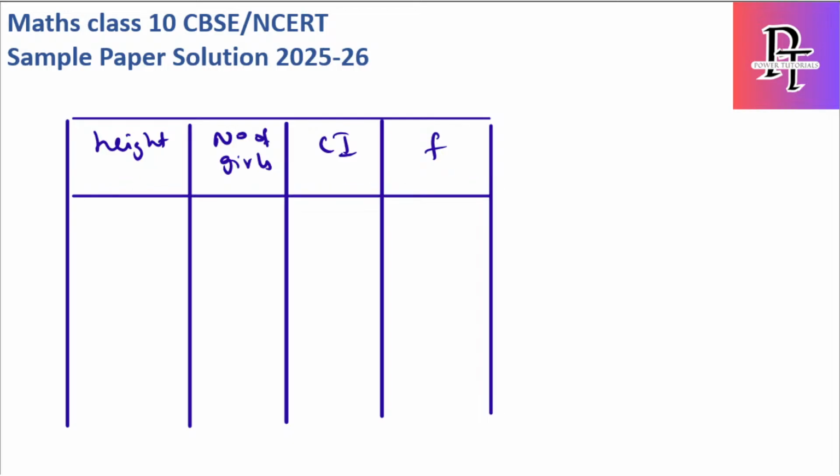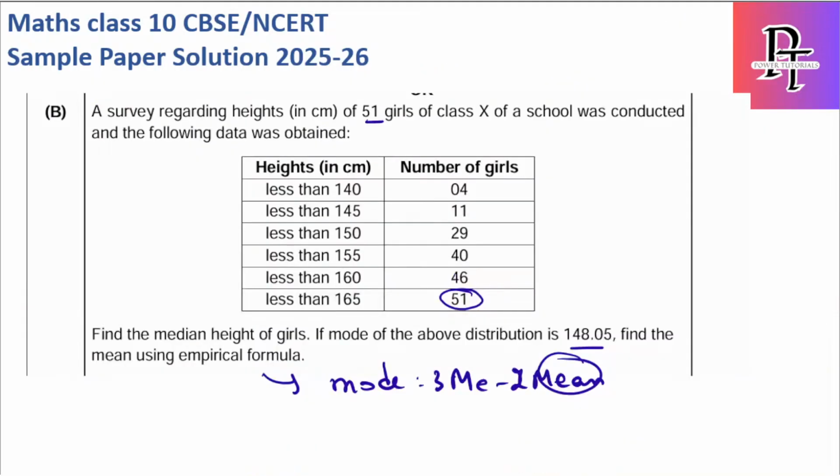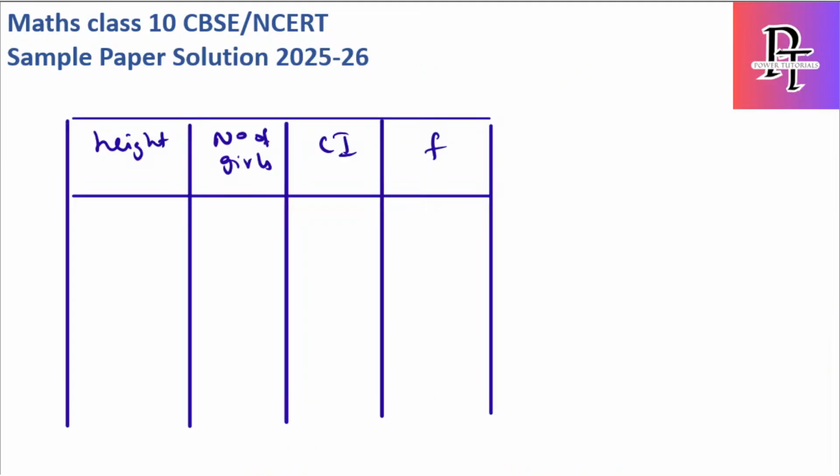What is the height they have provided? Less than 140, less than 145, 150, 155, 160, 165.